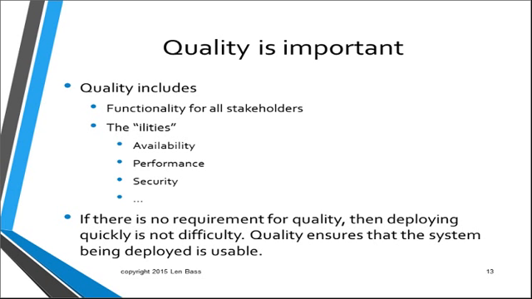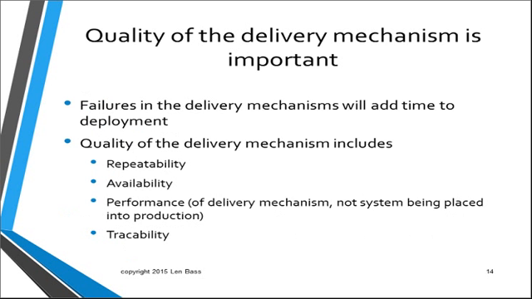You just put it out. It just doesn't work. And so quality ensures that the system being deployed is useful. And the quality of the delivery mechanism is also important. Failures in the delivery mechanism add time to the deployment. So the quality of the delivery mechanism includes repeatability, availability, performance of the delivery mechanism, and traceability.